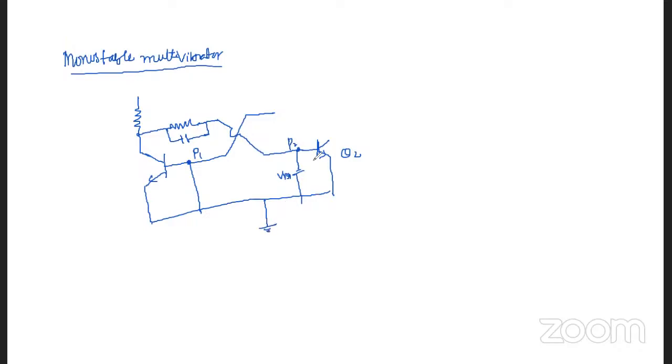For this one also, a collector resistance is connected. Here we have one more resistance R2, and this is the collector capacitor.